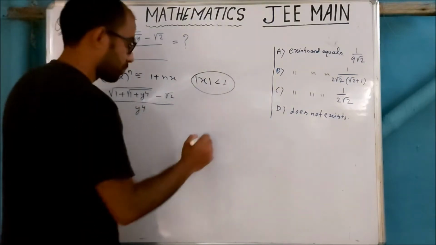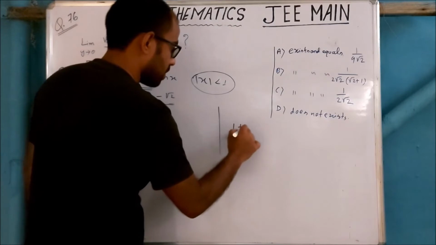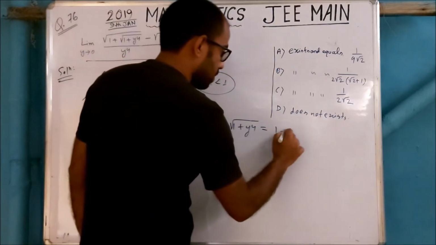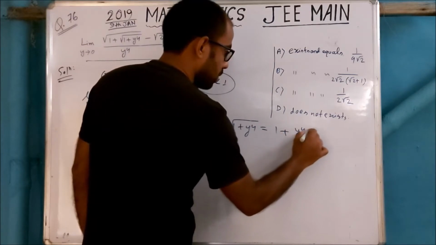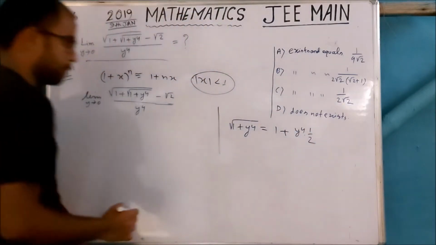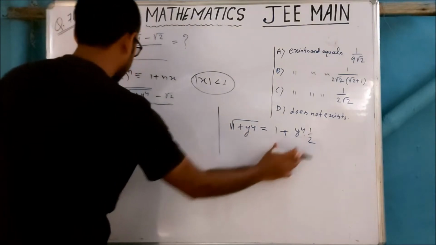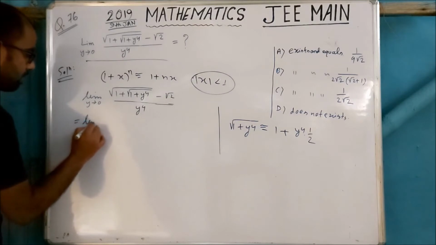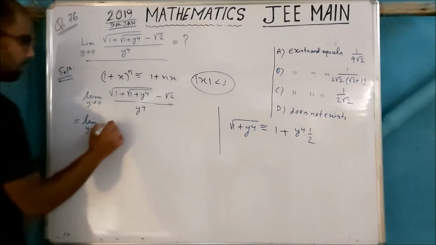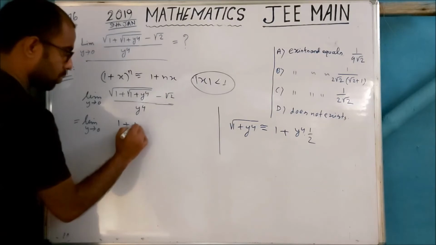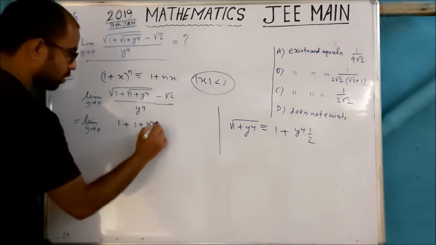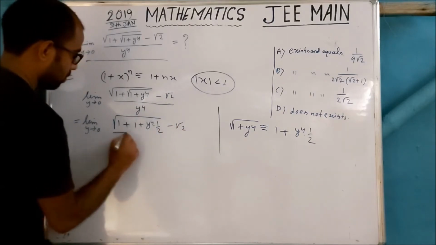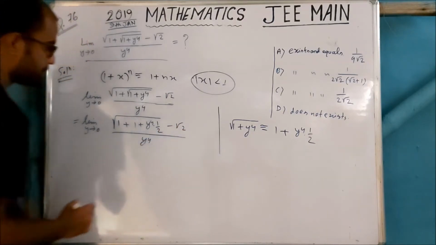Here you see that root of (1 plus y to the power 4) means (1 plus y to the power 4) to the power 1 by 2. So this can be written in this form, which is equivalent to: limit y tends to 0, root of (1 plus 1 into y to the power 4 into half) minus root 2, by y to the power 4.